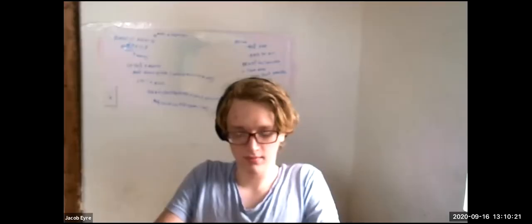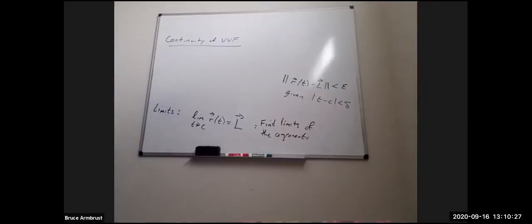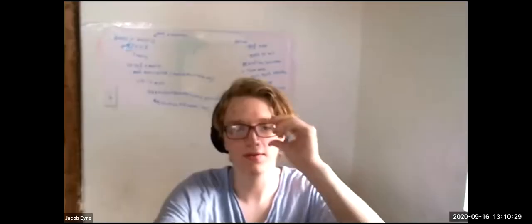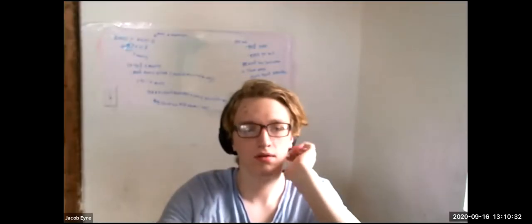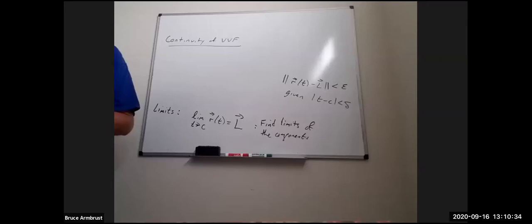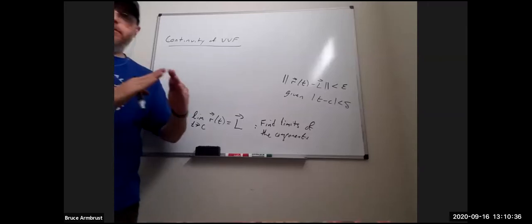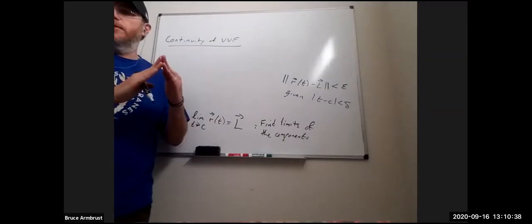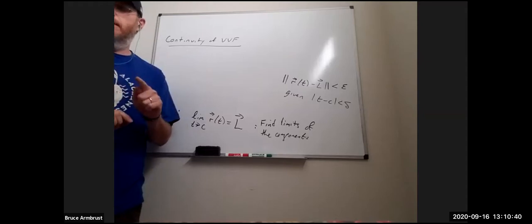Remember anything? It can't have any breaks. Okay, so there can't be any breaks or holes, things like that. You can have those sharp turns. That's okay for continuity, but not for differentiability.